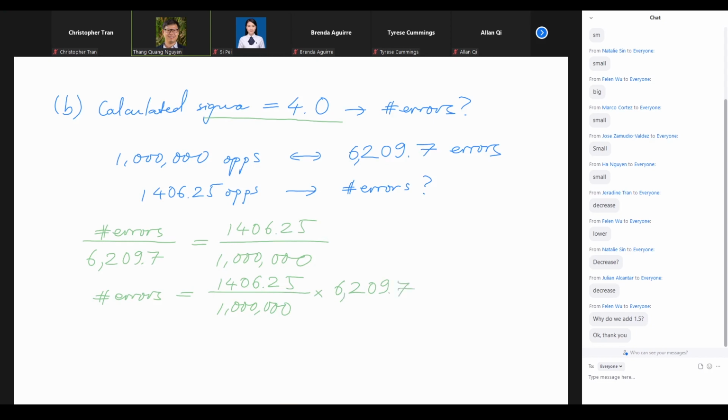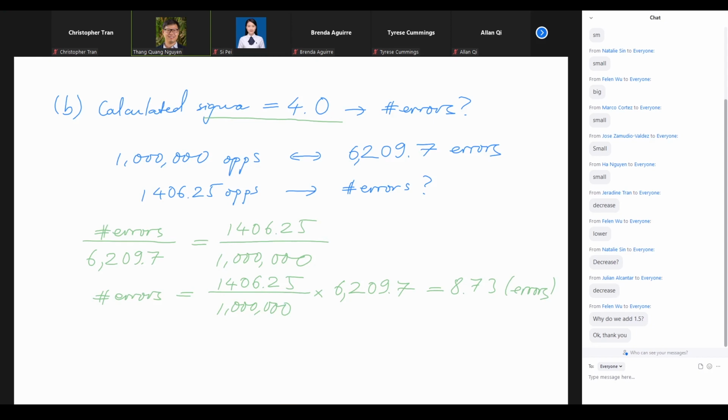We just cross multiply to the other side, and because it is at the bottom here, it has to be flipped up to the other side. That's why we call it cross multiply. And then we have the answer. It should be 8.73 errors.